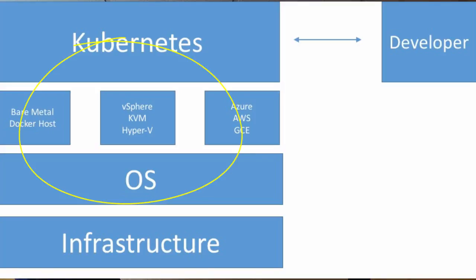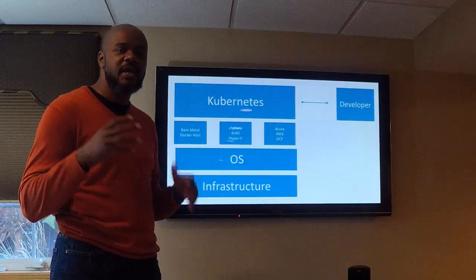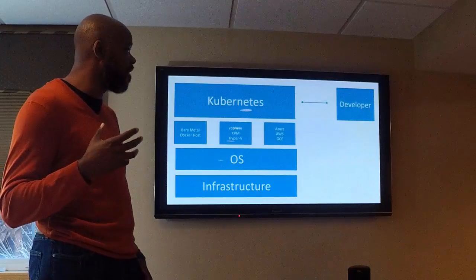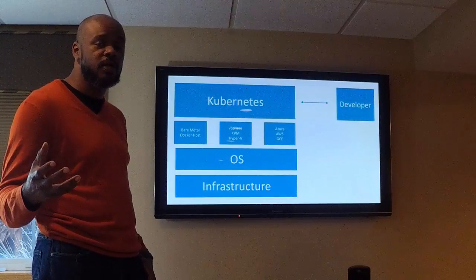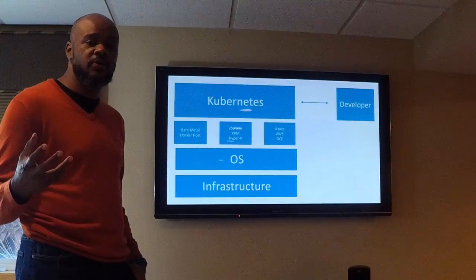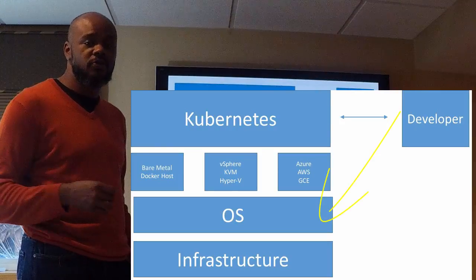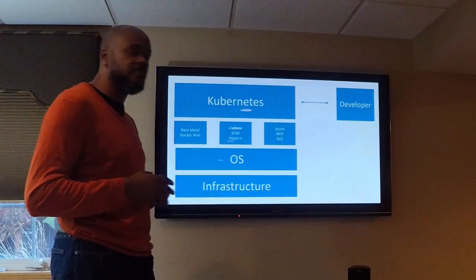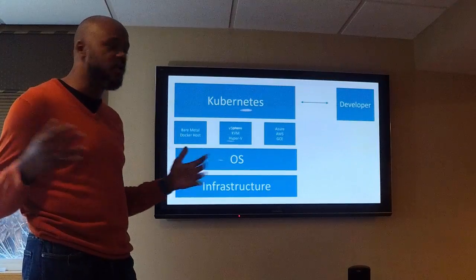So let's look at this middle layer here that we're all very familiar with, which is KVM, VMware, vSphere, Hyper-V, that layer of compute that we're used to having our developers interact with directly. We normally give them an RDP session, a bash shell, an SSH to one of these compute resources provided by the current abstraction layer.